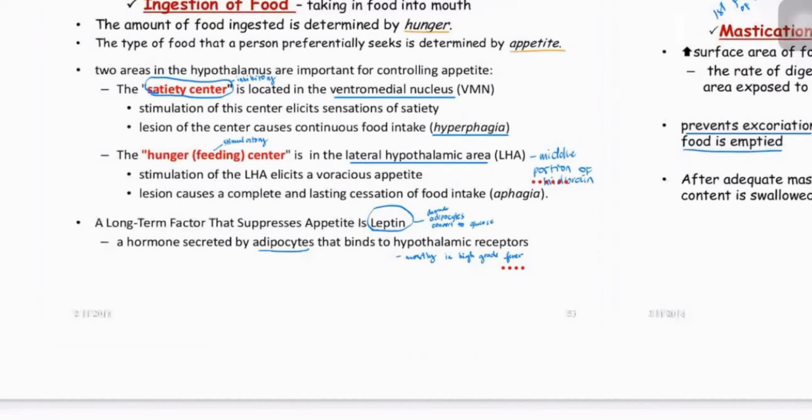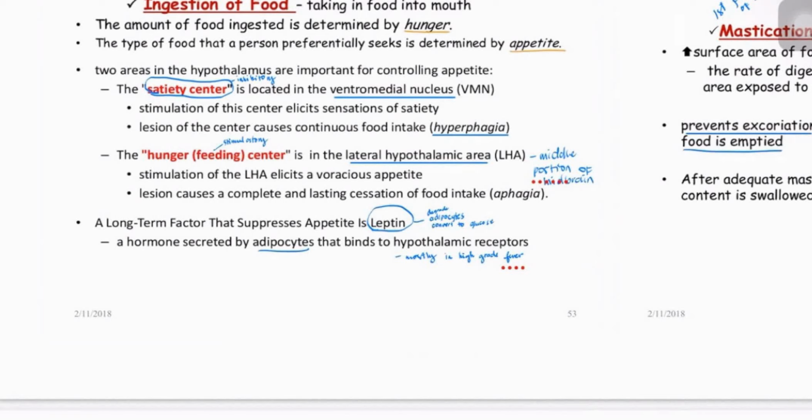So, if there's a lesion in that area, parang walang kinain si patient. Hindi na sasatisfy yung satiety niya, so kakain siya ng kakain.